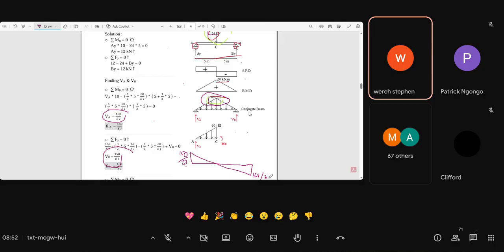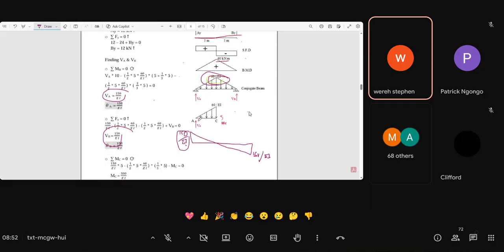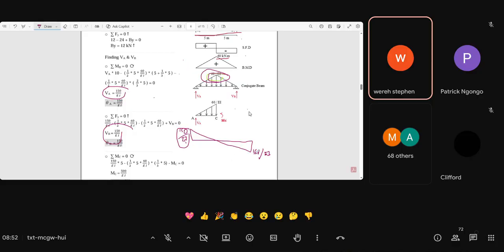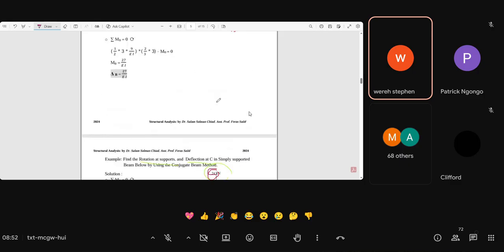Okay. Yes. So we said originally that the shear force in the conjugate beam is equivalent to the rotation, isn't it? So this 150 over EI is now the rotation at point A. Also this 150 over EI at point B is the rotation at point B. So you have already answered the question.